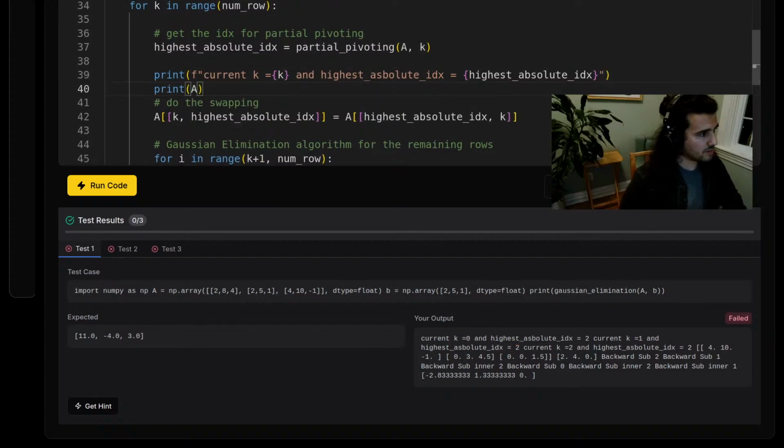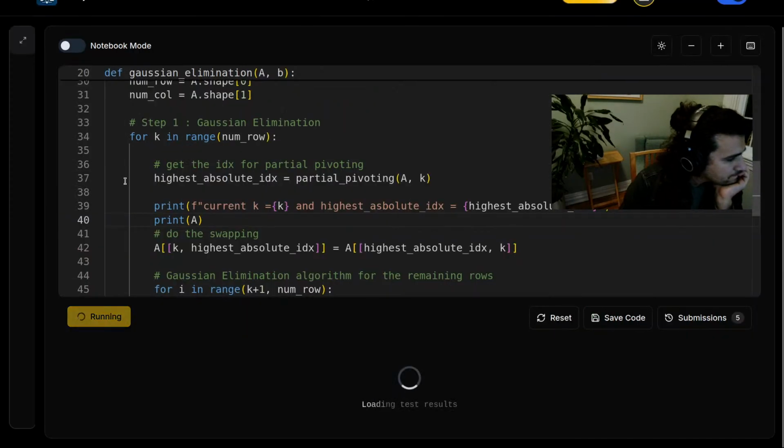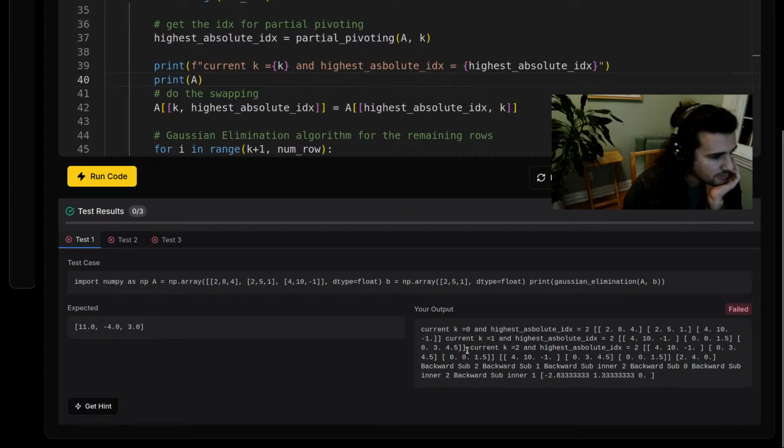Old point, I'm gonna print A. Okay, it's gonna be a mess to read though, right? So what are we saying? We're saying that we're here, right? We're at row 0, and we're saying that the highest absolute IDX is 4.